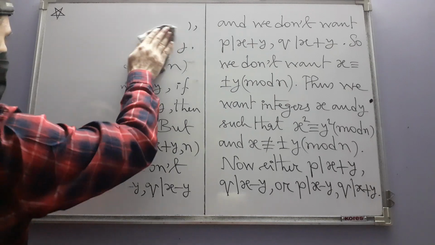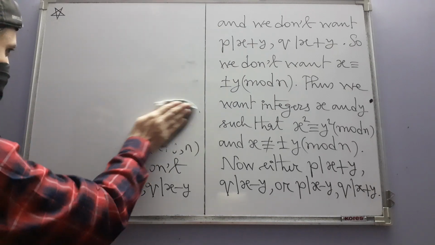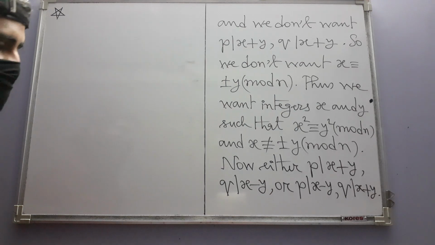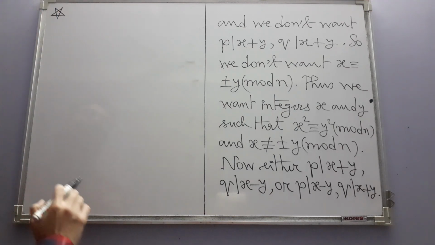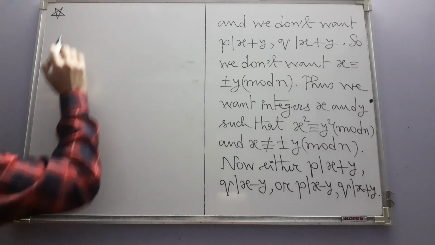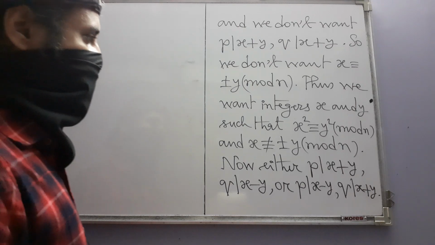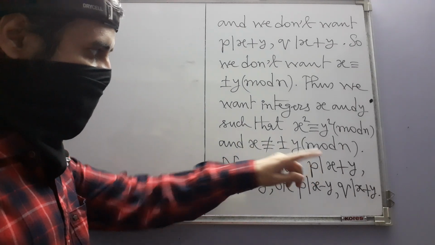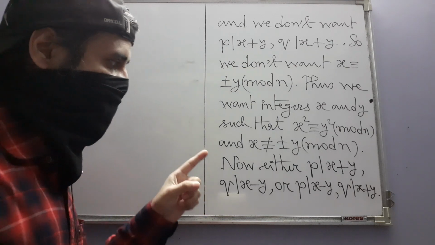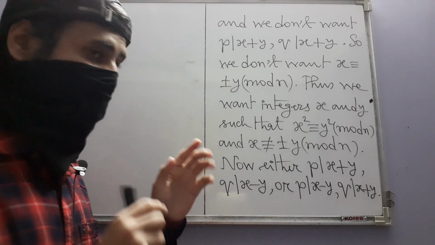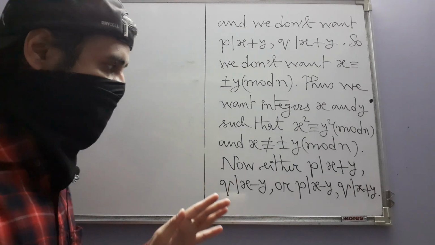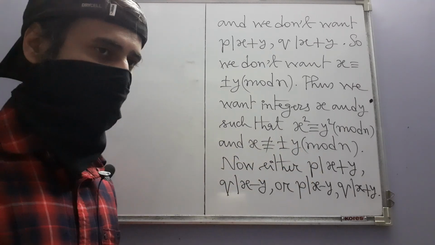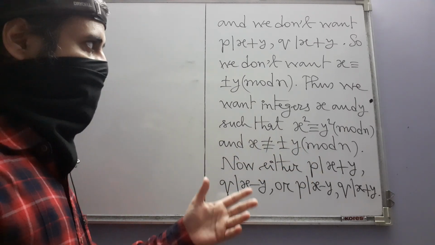Now, how does it affect d? Note one more thing, that by avoiding these things, we have already made sure that we are avoiding both the conditions, that x is congruent to y mod n and x is congruent to minus y mod n.